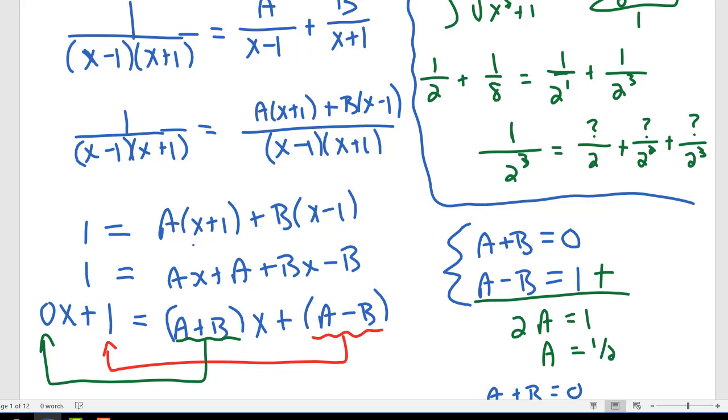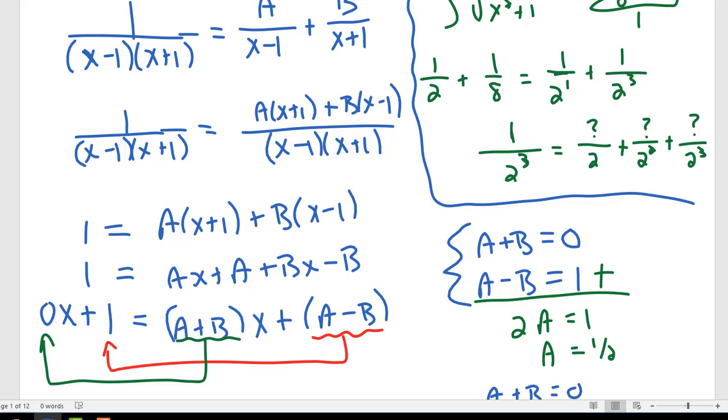We set the numerators equal to each other. And then when we gathered like terms, we basically created a system of equations. We said the coefficient of the x term had to equal the coefficient of the x term here, and the constant has to equal the constant here. So that creates a system of equations. We had two unknowns, a and b, and 2 equations.